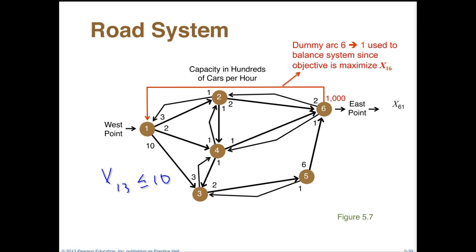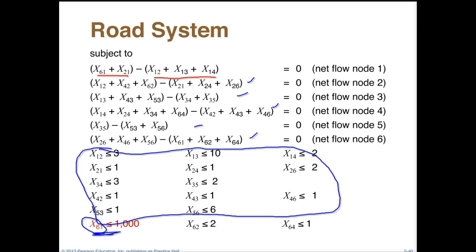Okay. We also know, let's say going from node 1 to node 4, we know that the maximum amount I can have there is 2, or 200 cars. And so that's what all this is about.